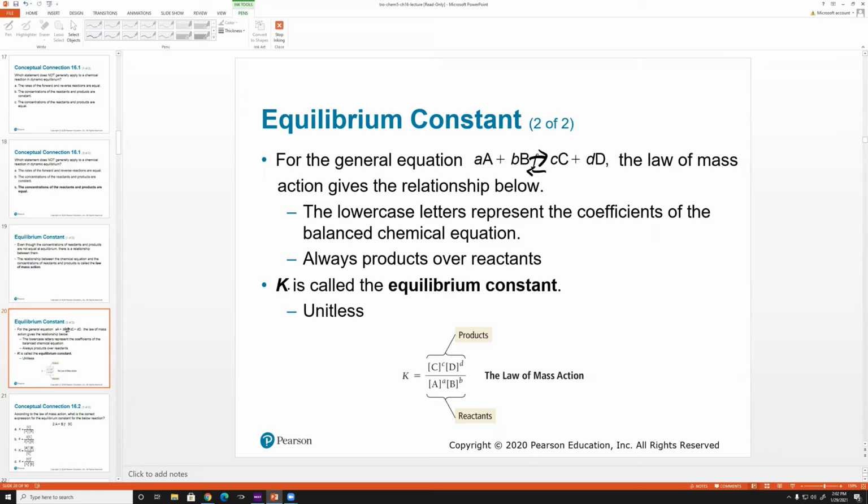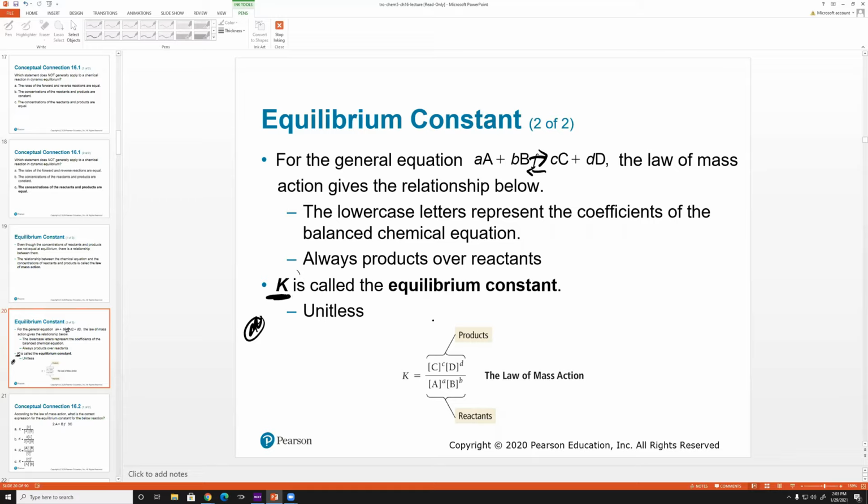This K is a capital K. Lowercase k is our rate constant. Capital K is our equilibrium constant. If this is complicated, go back to chapter 15 and look up the reaction rate, where lowercase k is the rate constant. This is an equilibrium constant, and it is unitless. Lowercase k has units for the reaction rate constant, but the equilibrium constant does not have units.